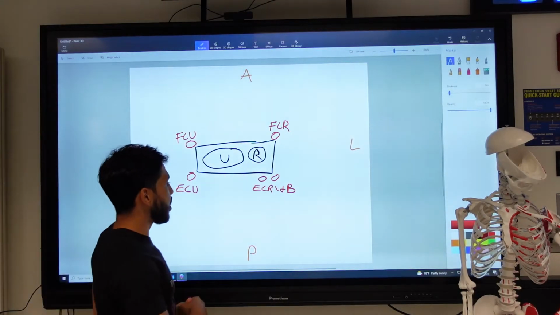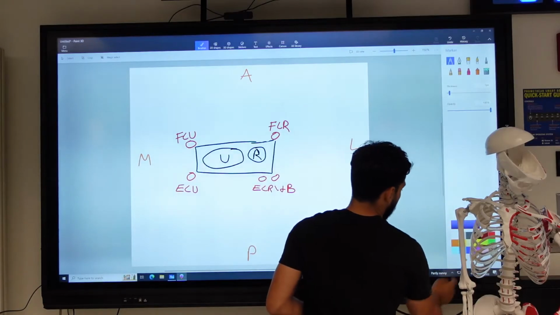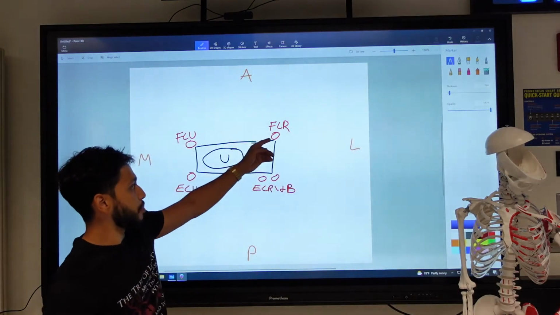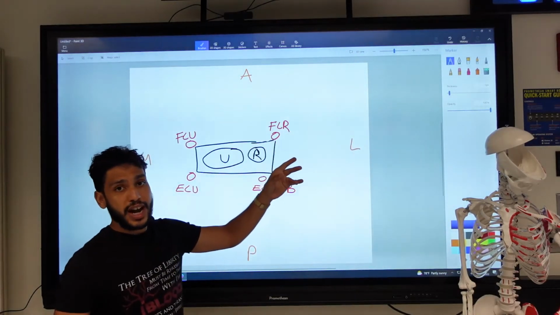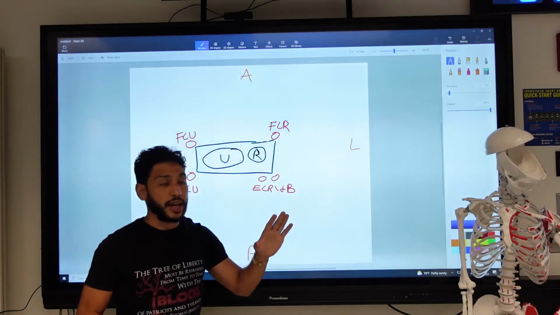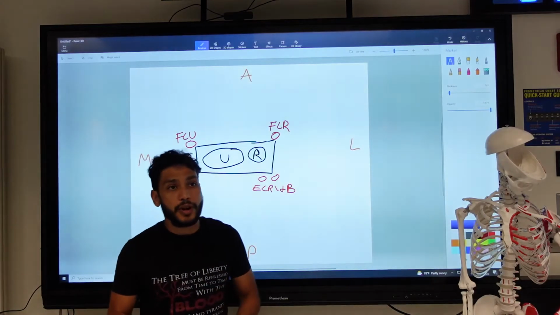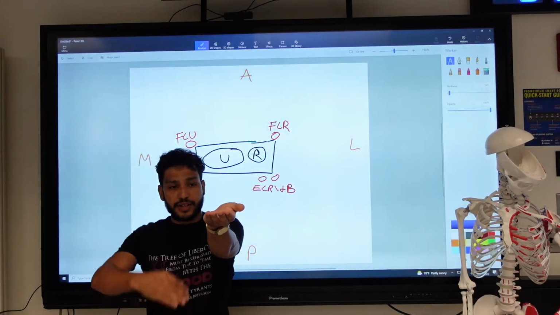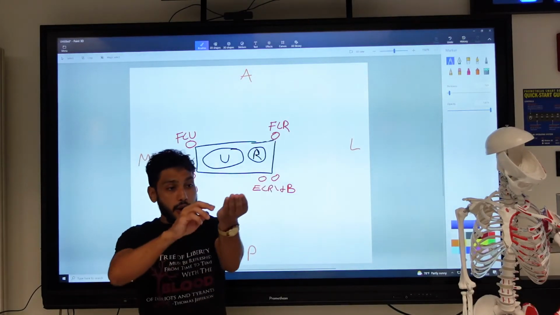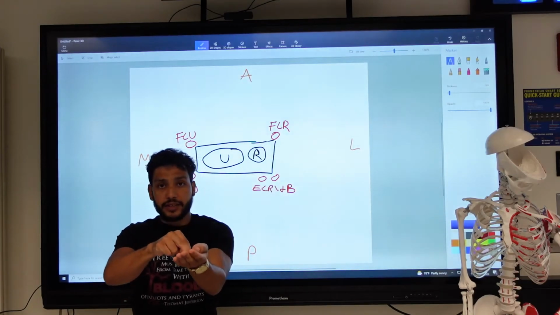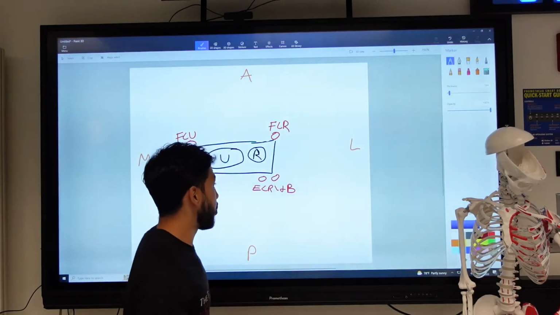Now, if this muscle, let's say the flexor carpi radialis, were to contract by itself, which way is it gonna move my hand? Remember, this is a cross section of my forearm. These tendons are attaching to the hand, to the metacarpal and the carpal bones in the hand.